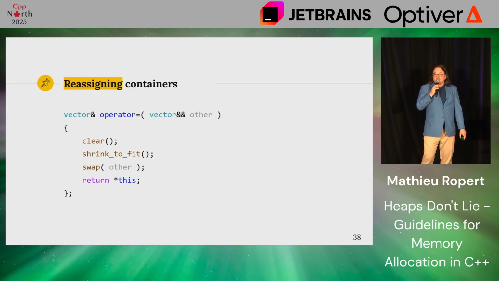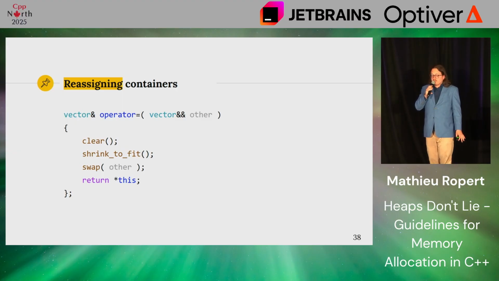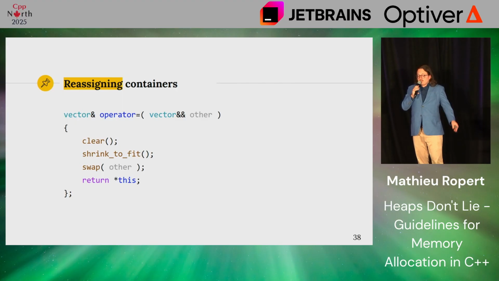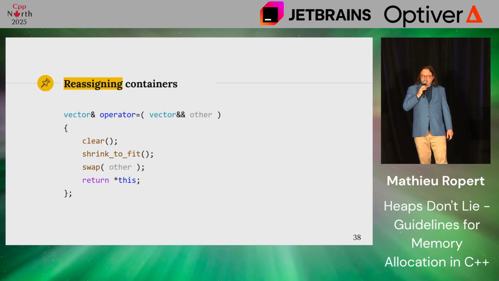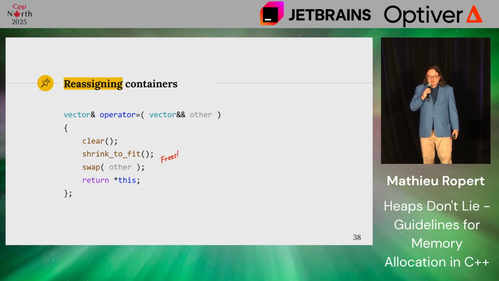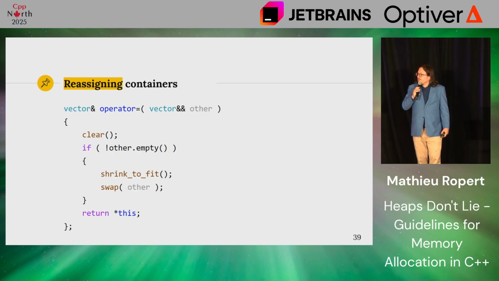This is how vector move assign is implemented in any library that I've ever seen. You clear, you shrink to fit, which is an explicit please murder all the memory I've ever allocated, and then you swap with the other one, and then you return. And I keep thinking, but my goal here is to save memory allocation, so why don't they do this?